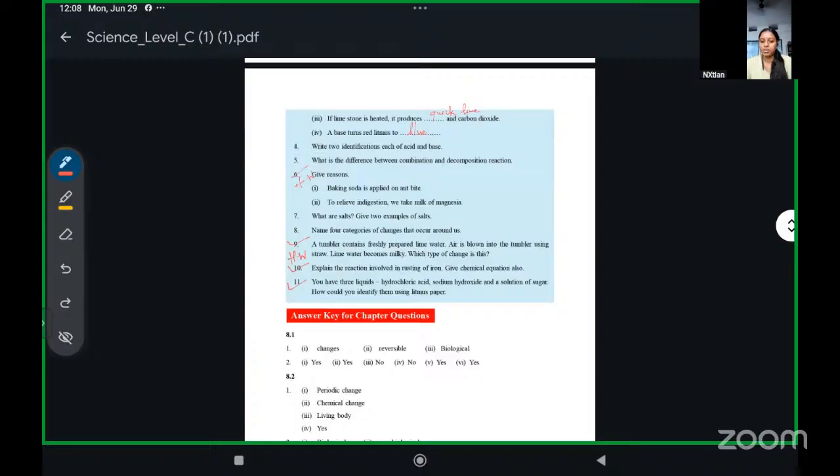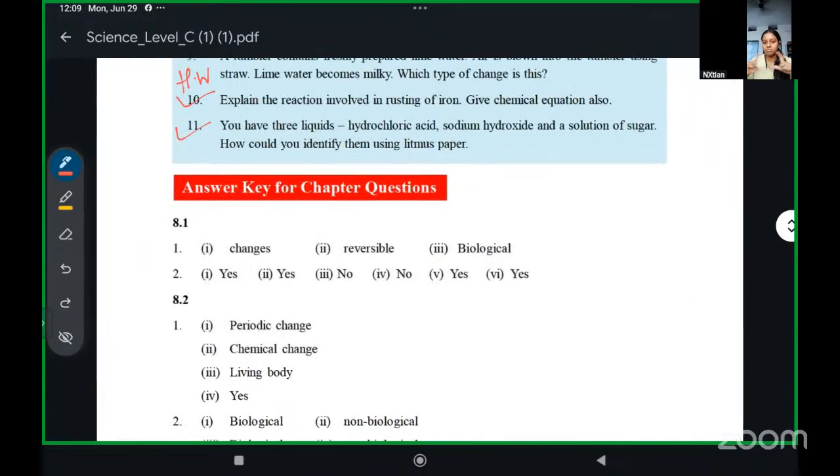You can take a paper and cut it into strips like this. The strip can be 5 to 6 centimeters long and 2 to 3 centimeters wide.